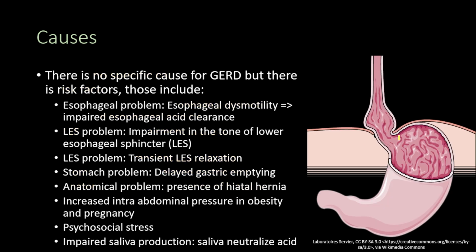And hiatal hernia is explained in this picture here. So normally we have the diaphragm here, and it is supporting the lower esophageal sphincter here. But in hiatal hernia, part of the stomach and the lower esophageal sphincter are moving up, and this is the part here.